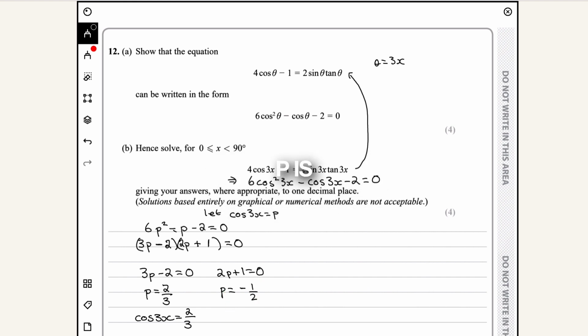And remember, p is cos 3x, so I'm going to substitute it back in. So I get cos 3x equals minus a half. I need to solve this for x greater than or equal to 0 and less than 90. I know that it's 3x here, so my solution is going to be within 3 times of this range here.